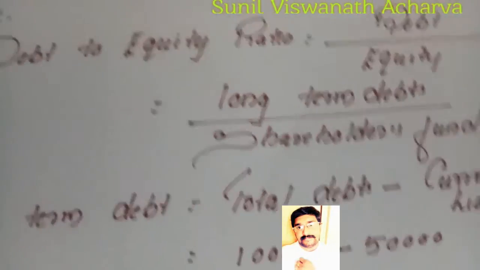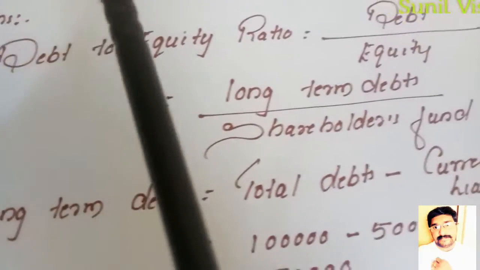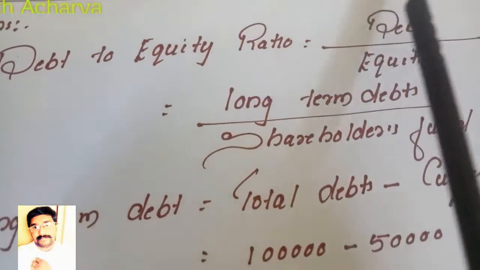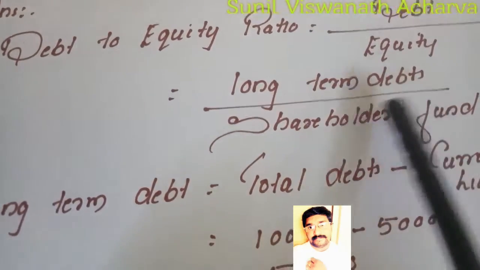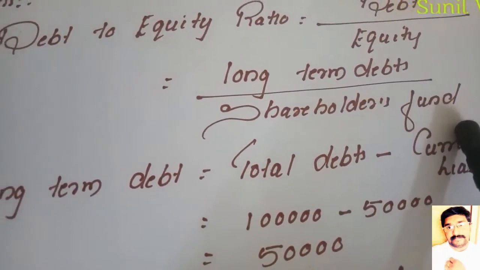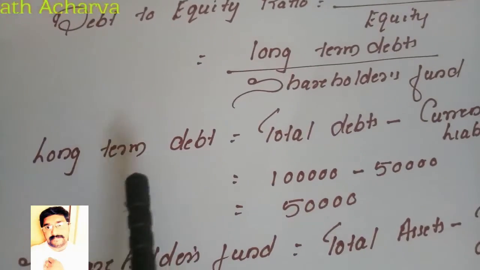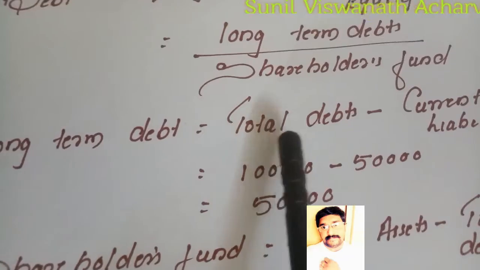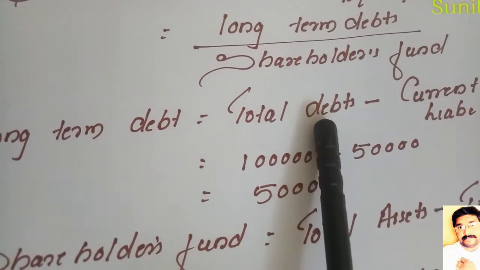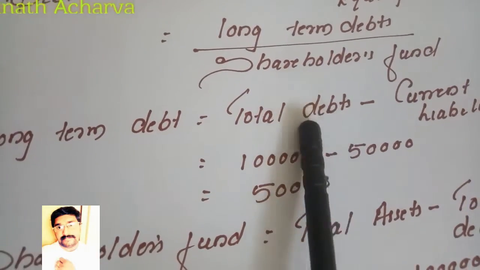See, we know the equation: debt to equity ratio is equal to debt by equity, that is long term debt divided by shareholders fund. So long term debt, in the question total debt is given, right? In the total debt what is also included? Short term debt is also included.